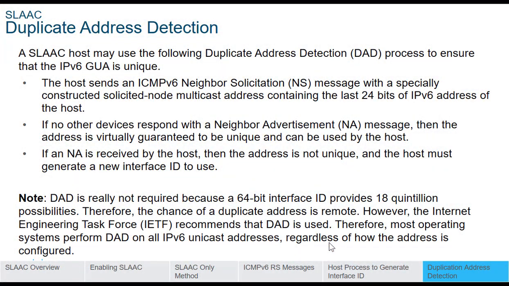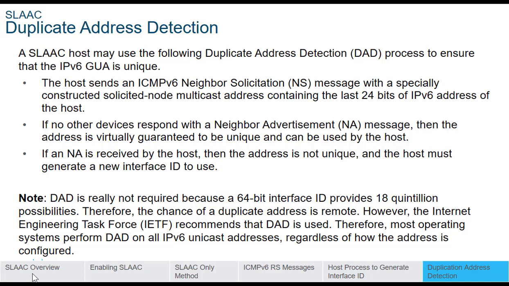Most operating systems perform DAD on all IPv6 unicast addresses, regardless of how the address is configured. So let me bring those concepts again into context. We begin by having a look at SLAAC. Remember, every IPv6-enabled host device requires a global unicast address. It already has a link local address randomly generated by itself, but it needs a GUA.